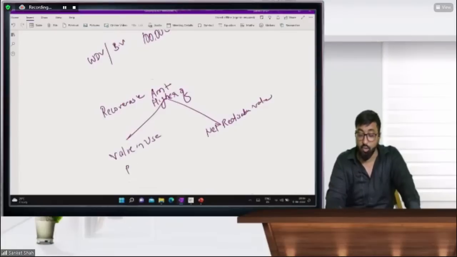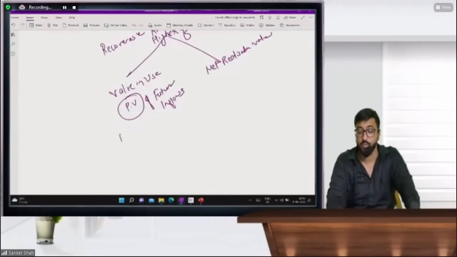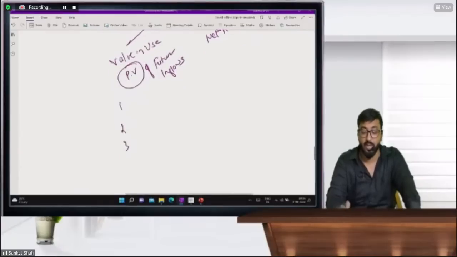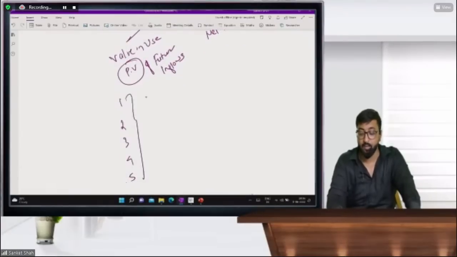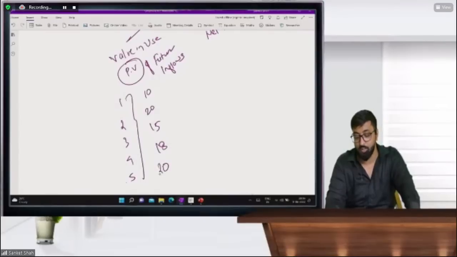Now, value in use means present value of all future inflows. What are future inflows? Suppose that asset will generate for you over the next 4-5 years 10,000, 20,000, 15,000, 18,000, 30,000. You multiply by the discounting factor, as you know from financial management and even mathematics, to calculate present value.